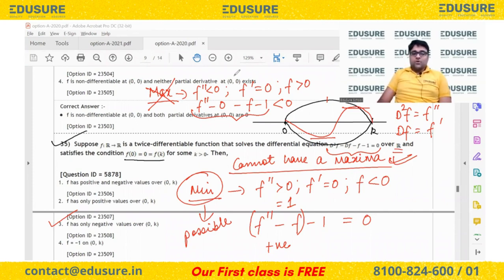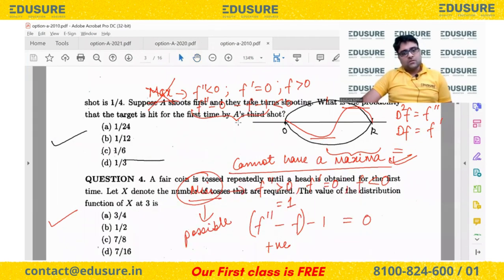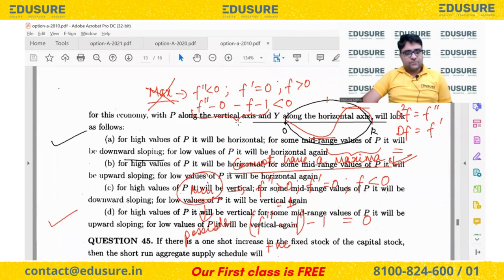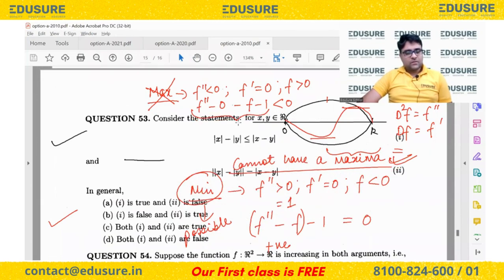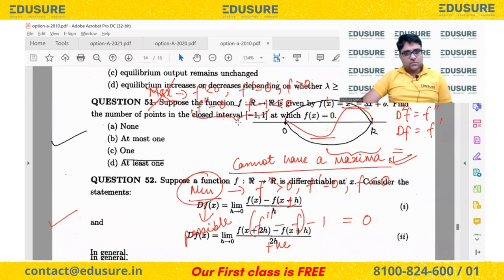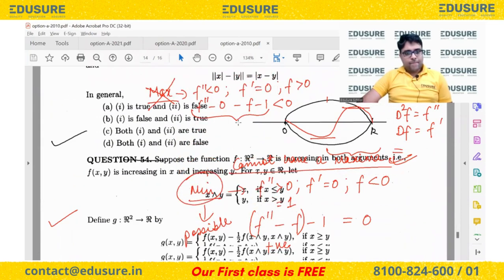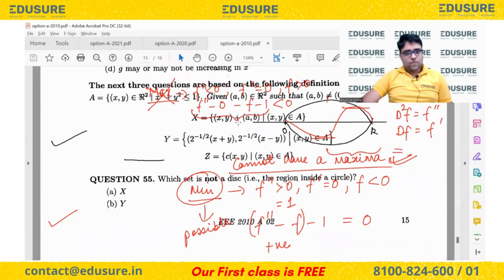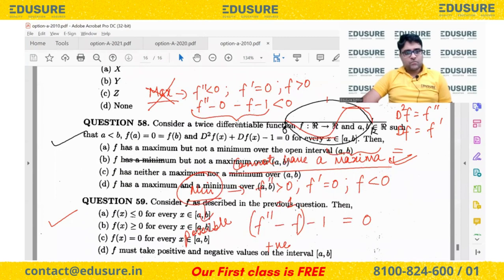You will notice that a very similar question to this is there. Let me tell you the question also. It is DSC 2010, question number 58.